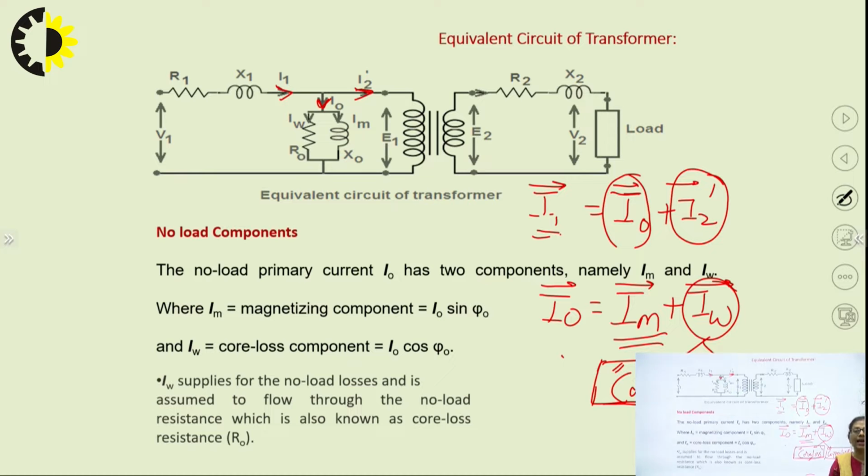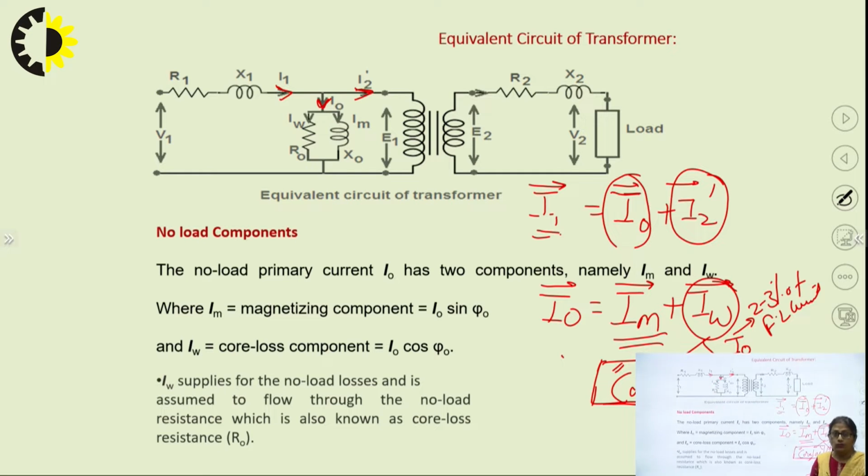And at no load condition, what is happening? The no load current I0 used to be very small, just 2 to 3% of the full load current.